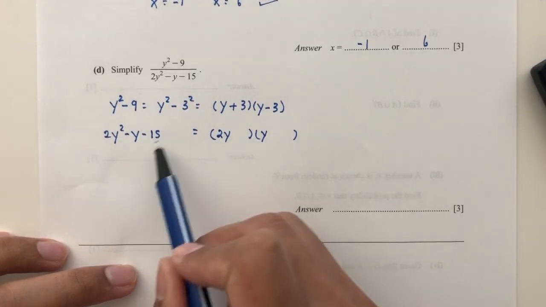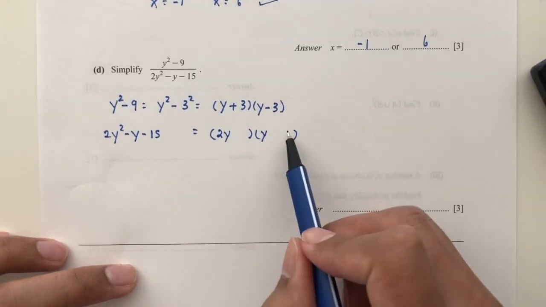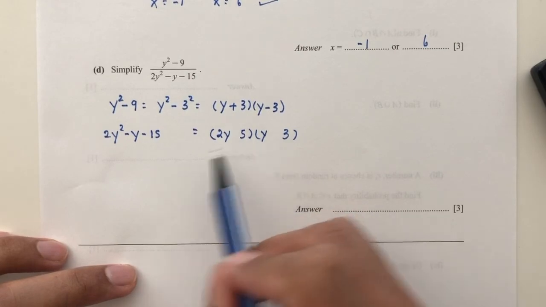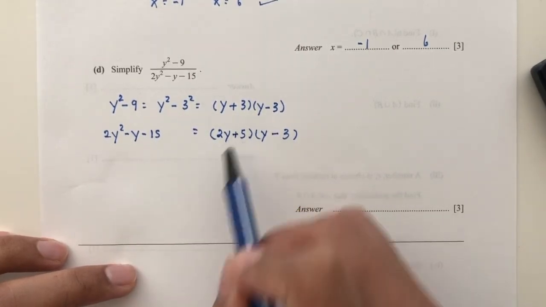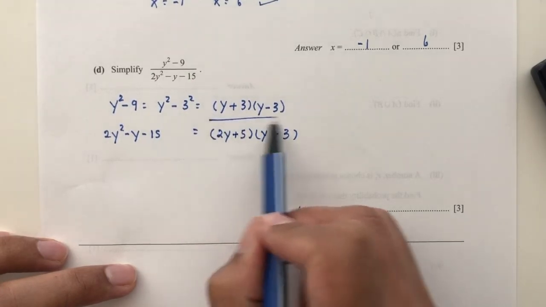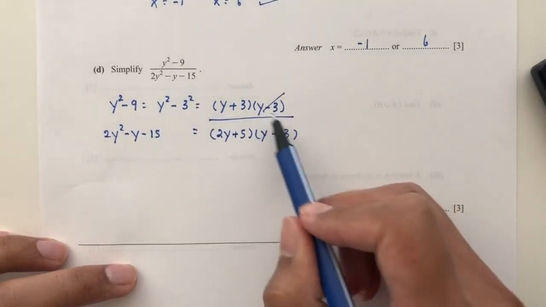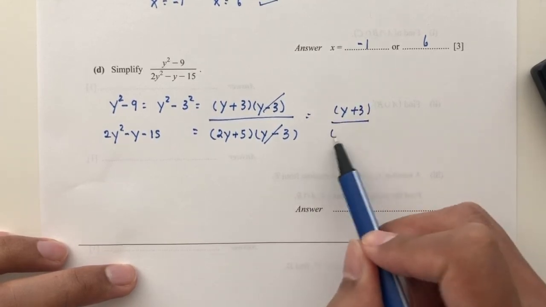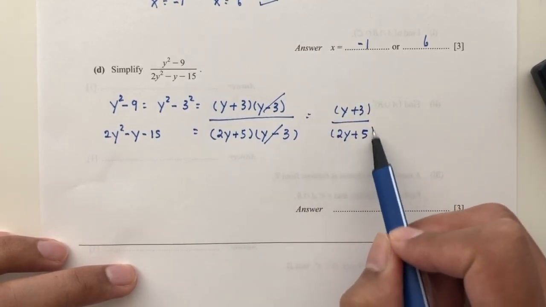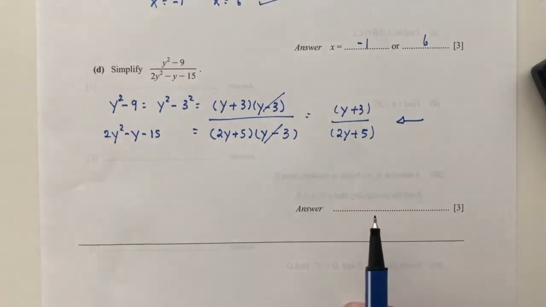What are the factors of 15? We know that 3 times 5 is 15. For us to get minus 1, we have to do minus 6 plus 5. Now we replace back, simplify, that will be y plus 3 over 2y plus 5. So this will be your answer for part D.